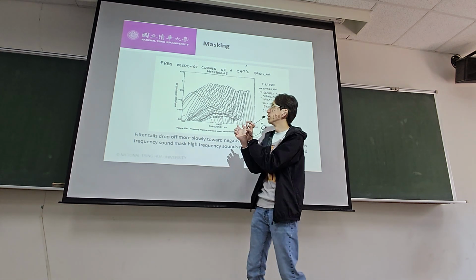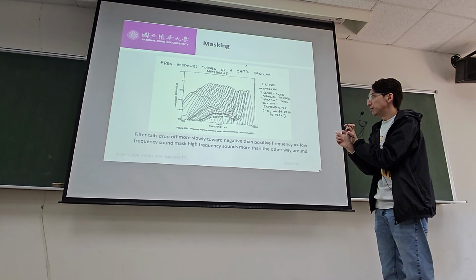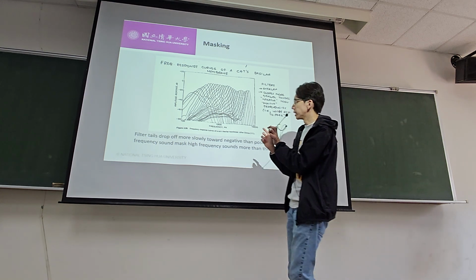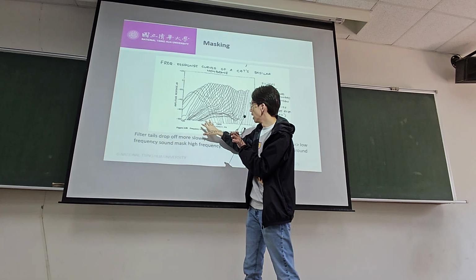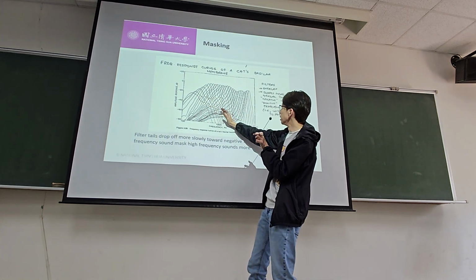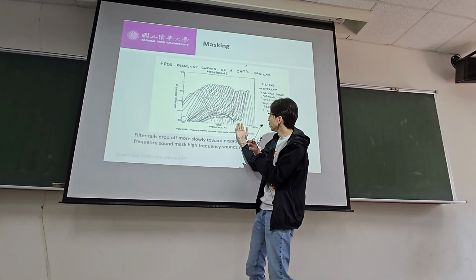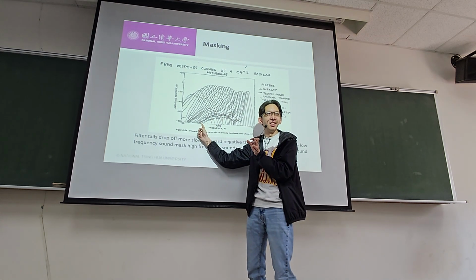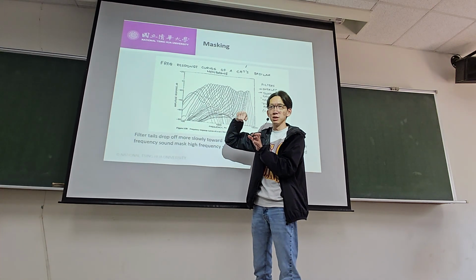So there's also a masking effect. They're not purely separated, and as it goes over here, it doesn't mean that when you have a signal here, nothing responded here. There's always also some small response in the low-frequency basilar membrane.